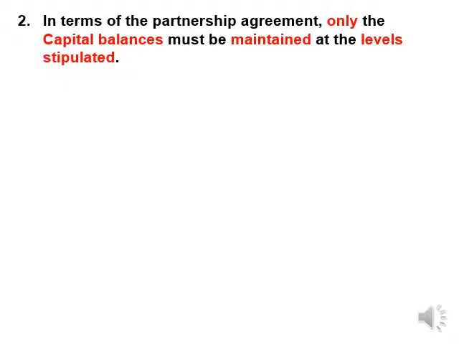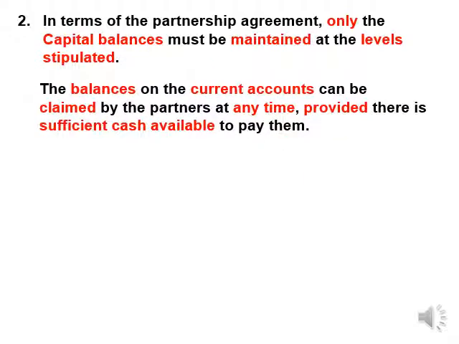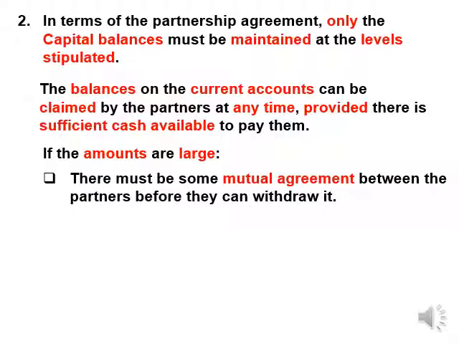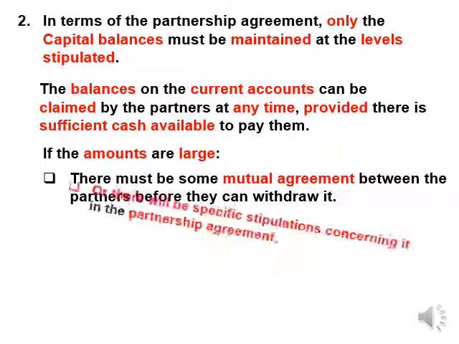In terms of the partnership agreement, only the capital balances must be maintained at the levels stipulated. The balances on the current accounts can be claimed by the partners at any time, provided there is sufficient cash available to pay them. If the amounts are large, there must be some mutual agreement between the partners before they can withdraw it.